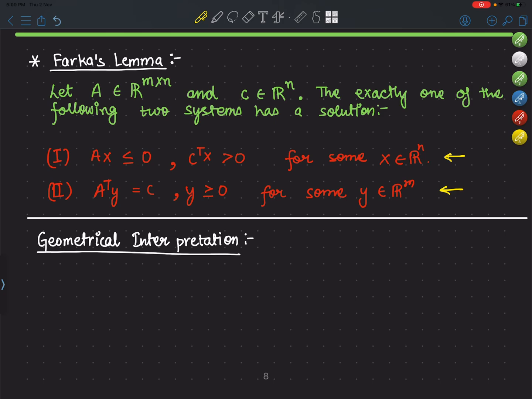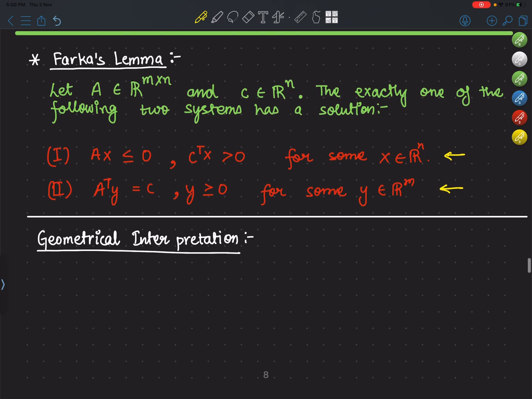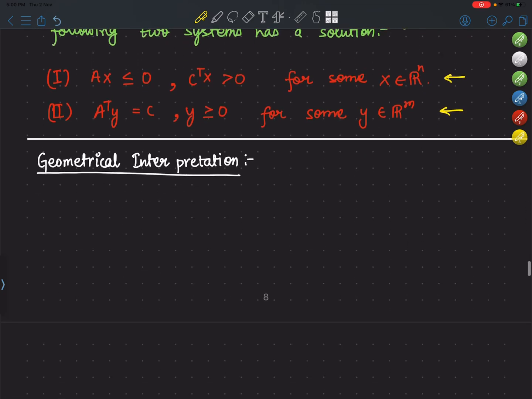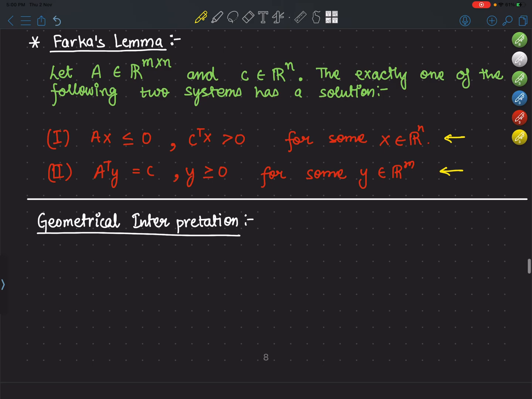At any time. So let's look at this lemma geometrically, which will give us a better explanation of what Farkas' lemma is all about. Before going into the lemma, let's see what A represents.